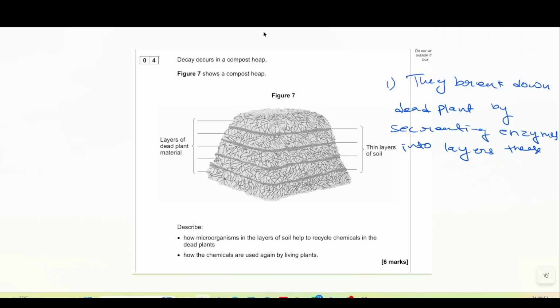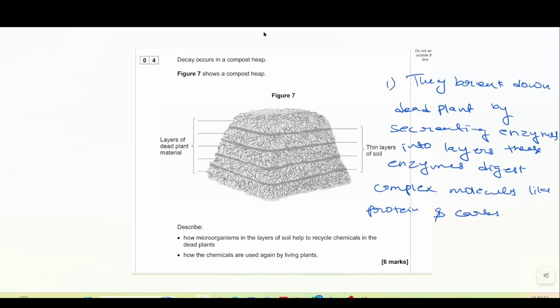These enzymes digest complex molecules like protein and carbs into simpler substances.